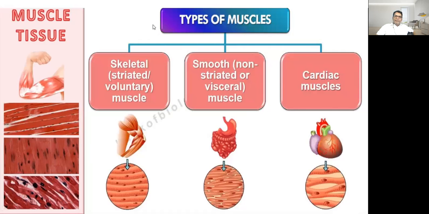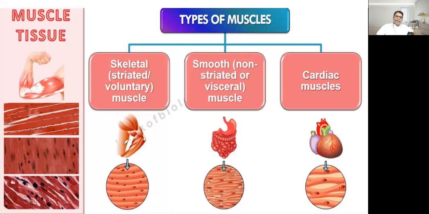Now we'll be discussing different types of muscles. Muscles are of three types. Skeletal muscles are also known as striated muscle or voluntary muscle. Voluntary means we have control over them, for example you can raise your hand.